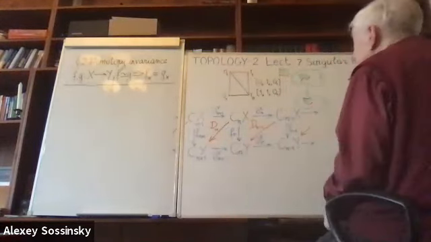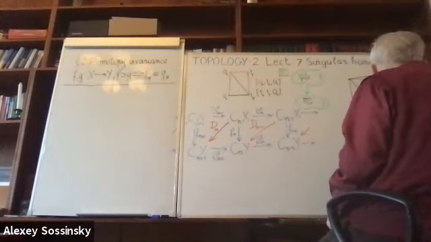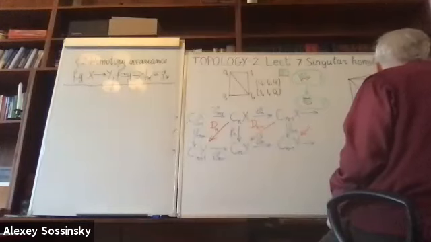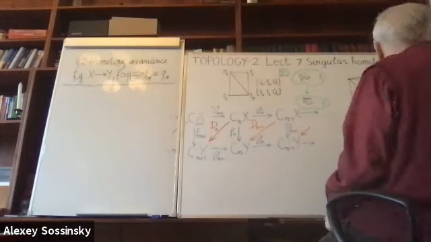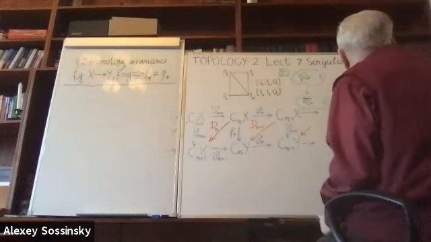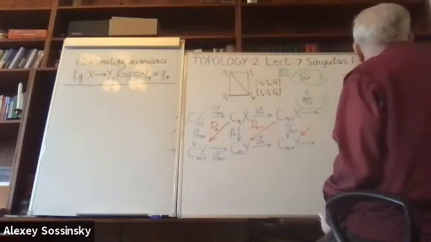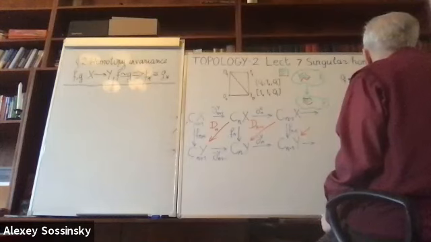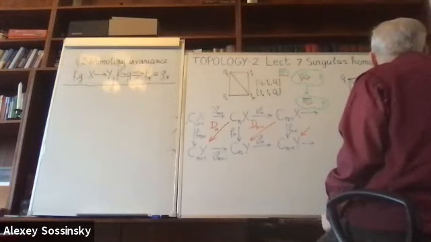So this vertex will be (0,0). This will be (1,0). And this will be (2,0). And upstairs, we have (0,1). Here, (1,1). And here, (2,1).